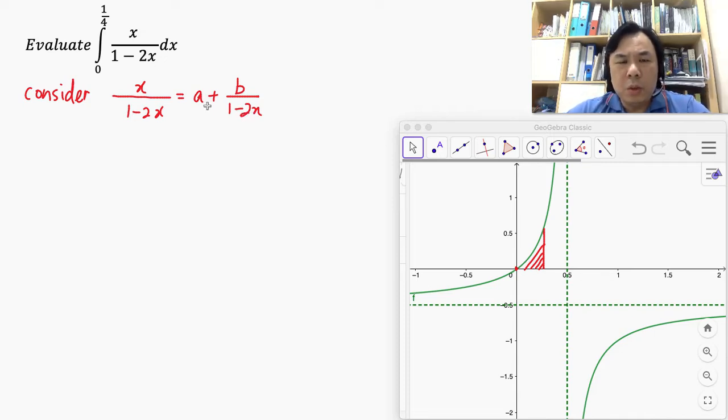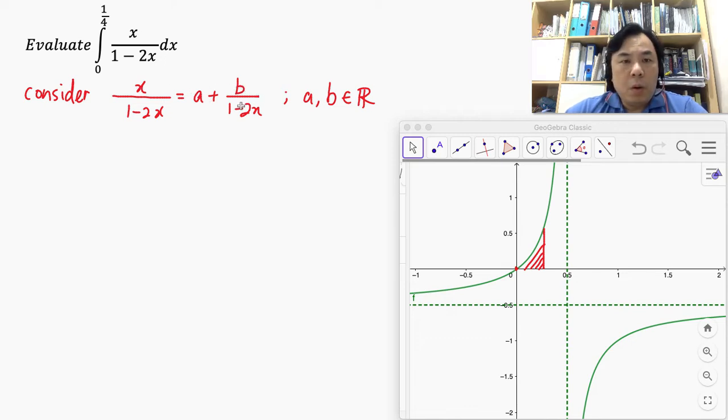Now in order to solve for a and b, I need to make a remark that a and b should be all real numbers. Okay, now in order to get a and b, there are many ways to do this. You can either use substitution, by substituting a suitable value for x, and then we should be able to obtain the values of a and b.